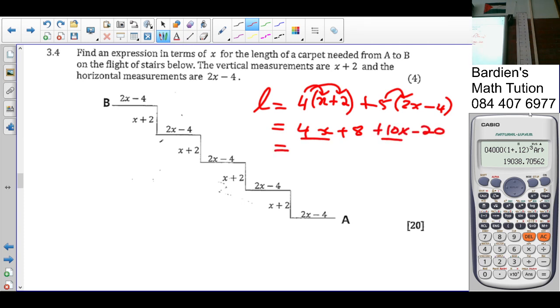So 4x plus 10x is 14x. 8 minus 20 is negative 12. Okay, any issues here? Any problems? You all understand? Right.